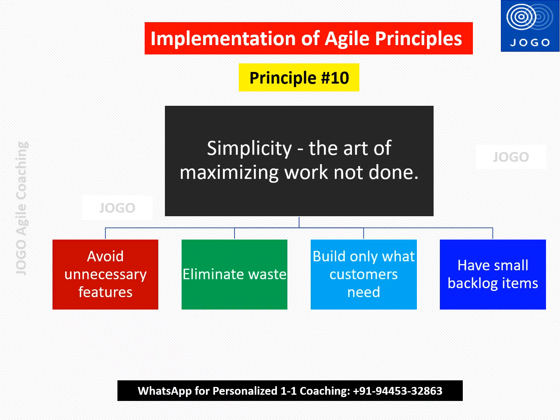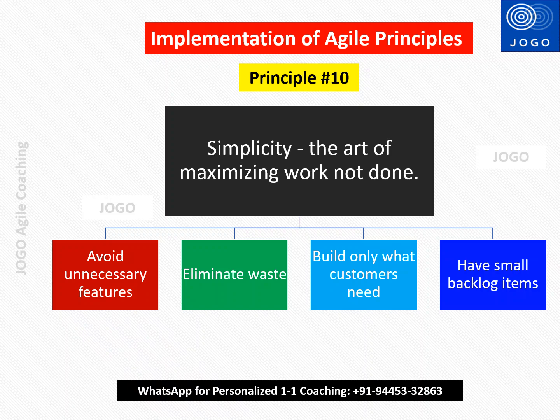Now let's understand how to implement the 10th Agile Principle, simplicity, the art of maximizing work not done. So here we need to ensure that the requirements are very small, so that even though the backlog is large, the team can do it quickly. So how to implement this principle? We need to avoid unnecessary features. If the customer is coming with so many features or requests, the product owner should ensure that each has business value, and if it is unnecessary, it should be eliminated.